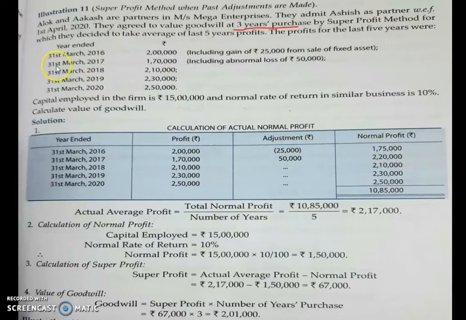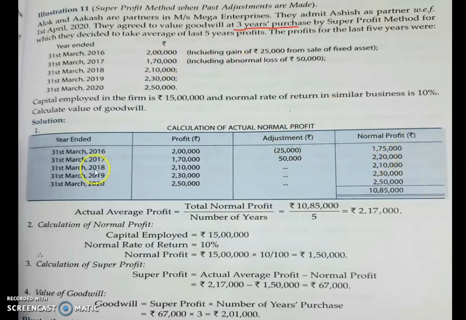And in the year 31st March 2017, the 1,70,000, there was included an abnormal loss of 50,000. So abnormal loss was included here, that is subtracted from this, that has to be added back. So you will get the actual normal profit.